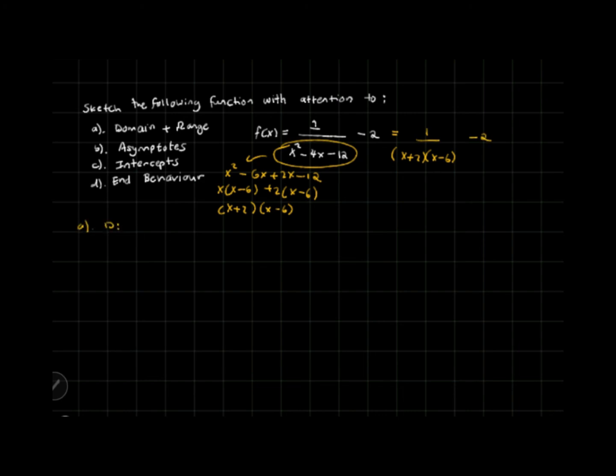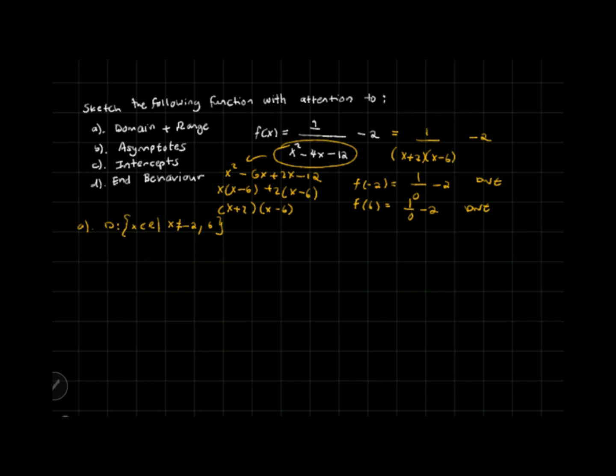So starting with our domain, x belongs to all real numbers. But here x cannot equal -2 or +6. Both of these values would make the denominator 0, right? Like f of -2 here would give you 1 over 0 minus 2, and this is undefined, right? Doesn't exist. And f of 6 here would give you 1 over 0 minus 2, and this also doesn't exist. Okay, so these are two restrictions on x.